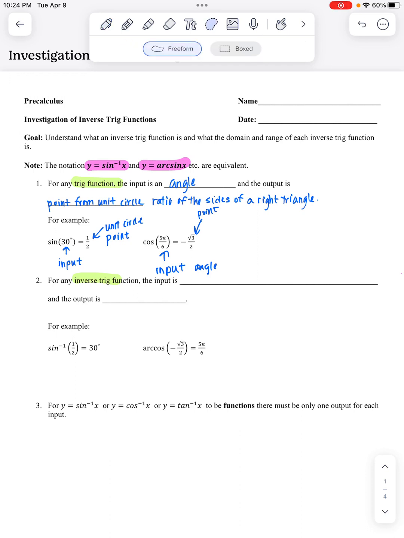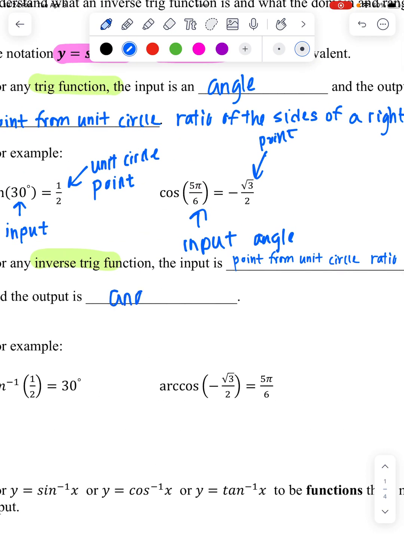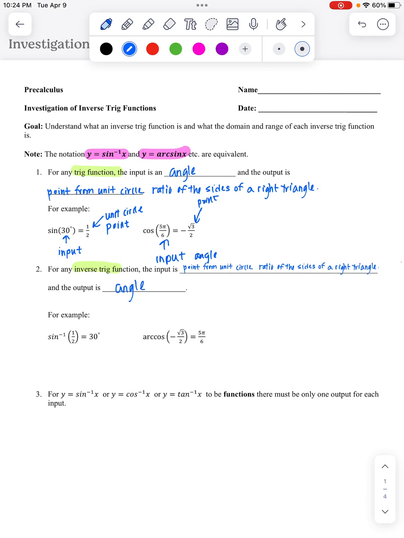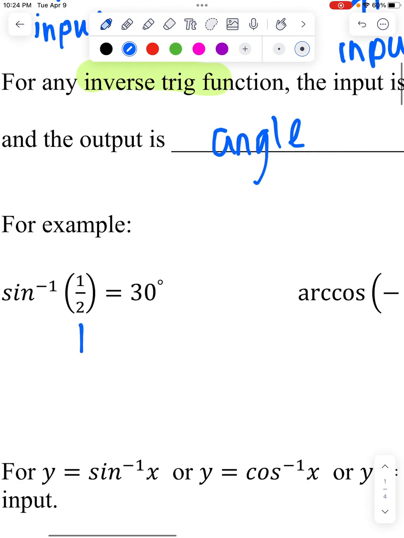So here the input is the point from the unit circle, and the output is our angle. So you can see on my example here where I said inverse sine 1/2. Well, this is my point. Here I input the point, and here we output the angle.